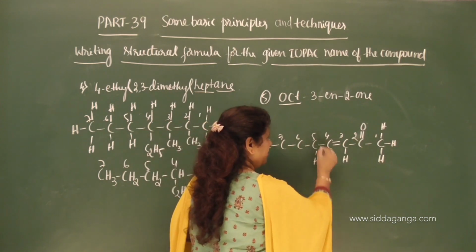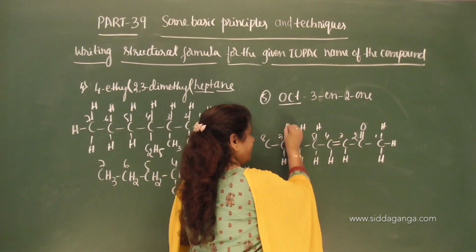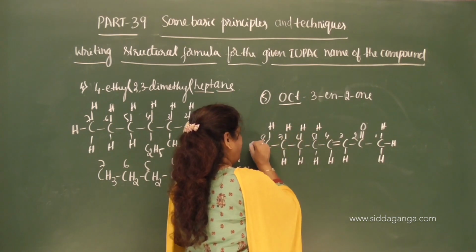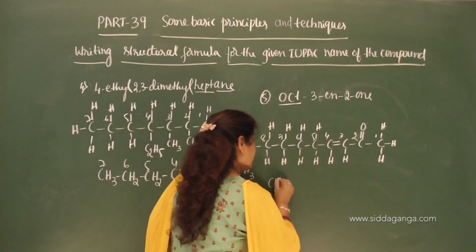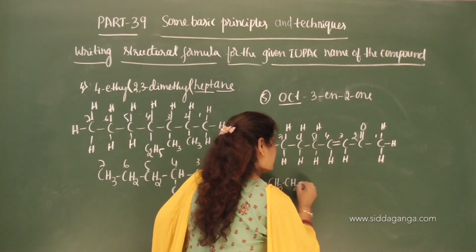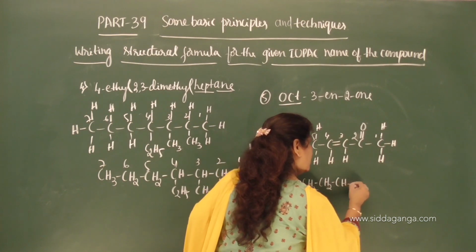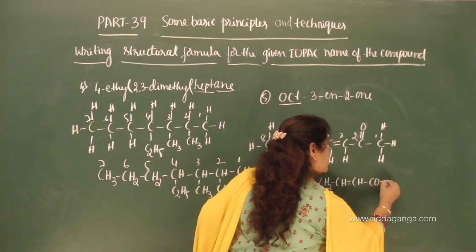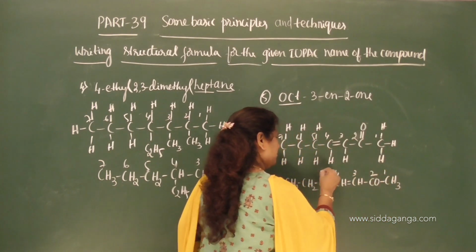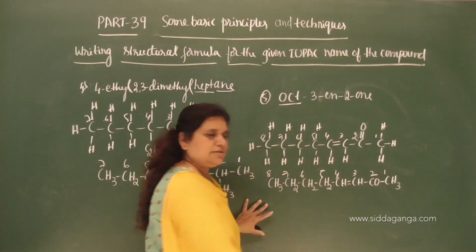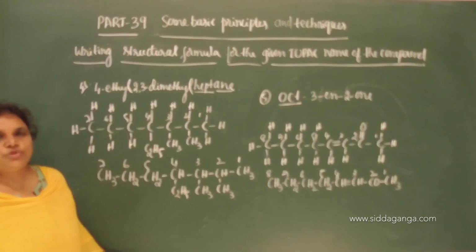And the fifth carbon 2 hydrogen atoms, sixth 2, seventh 2, eighth carbon 3 hydrogen atoms. Now rewrite this: CH3, CH2, CH2, CH2, CH double bond CH, CO CH3. 1, 2, 3, 4, 5, 6, 7, 8. So, see, this is the structure of oct-3-ene-2-one.